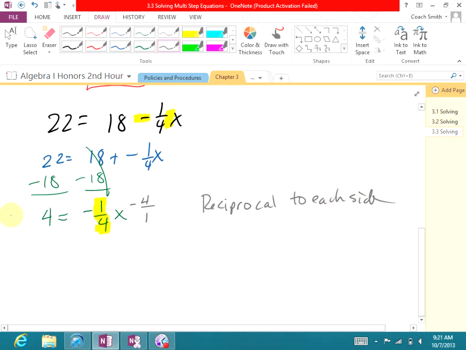So I've got to do the same thing over on the other side. Negative 4 over 1 times 4. Okay? So these two over here cancel out, leaving me with x. Negative 4 times 4 would be what? Negative 16. So x is equal to negative 16.